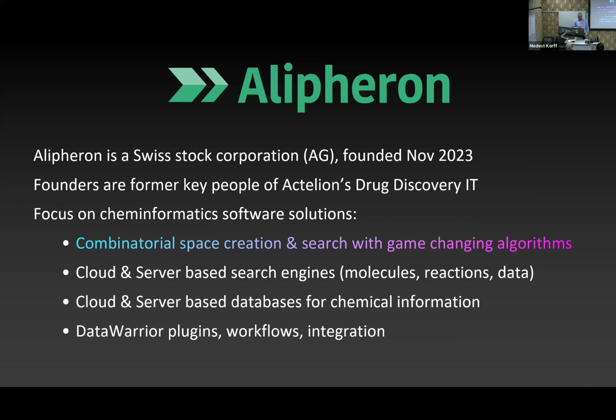Also supported by our software. At the end, the company was sold for $30 billion to Johnson & Johnson. And today we focus on cheminformatics software solutions, and today I will tell about a combinatorial space creation and search with game-changing algorithms.